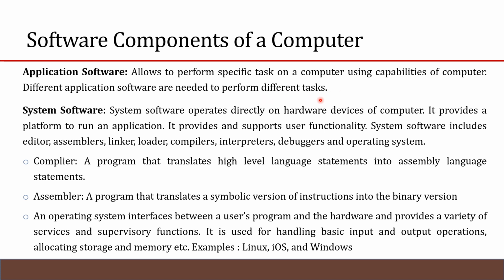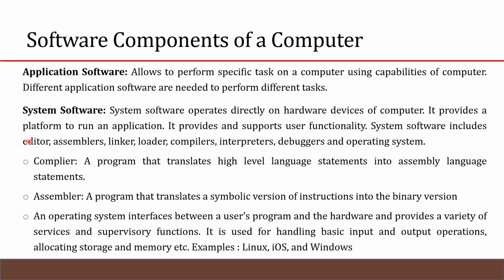So for doing a particular task, we should have a particular application software. For typing or documentation, we may have word processors. Likewise, for calculations, we can make use of calculators, right? So to do a specific task on a computer, we can have an application software.